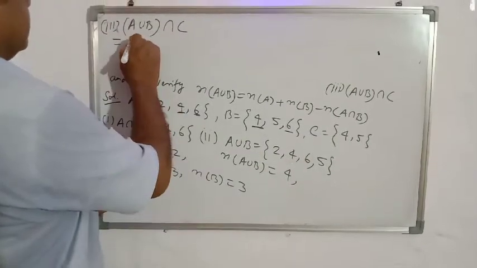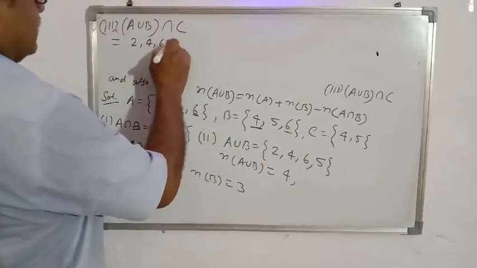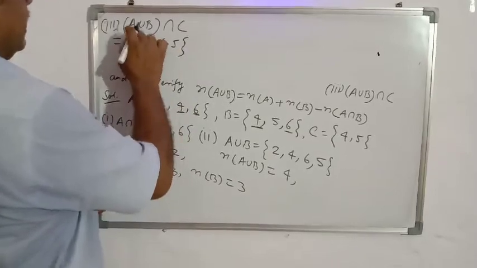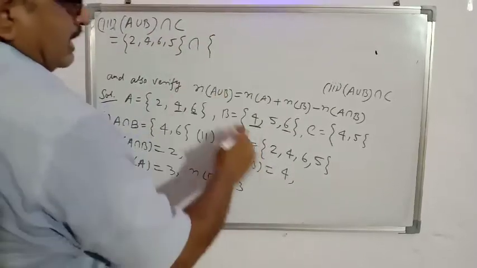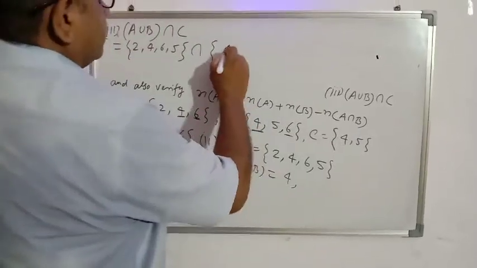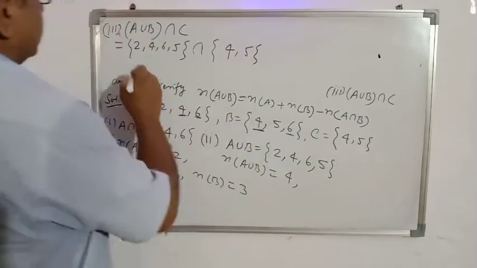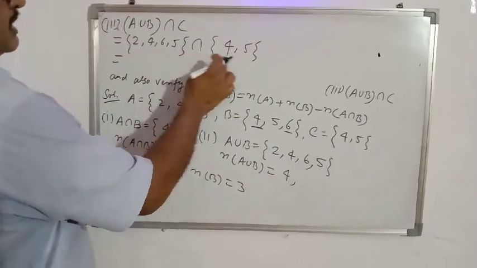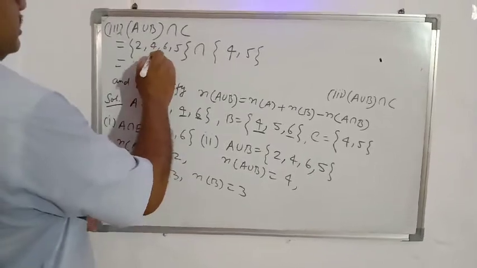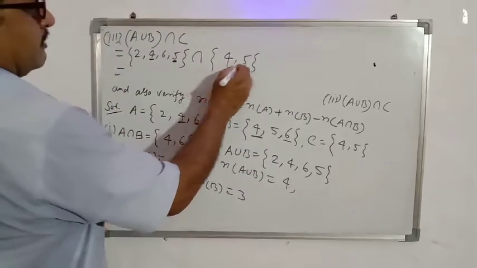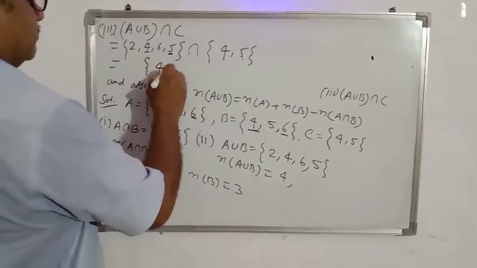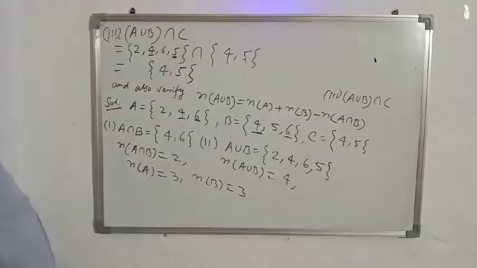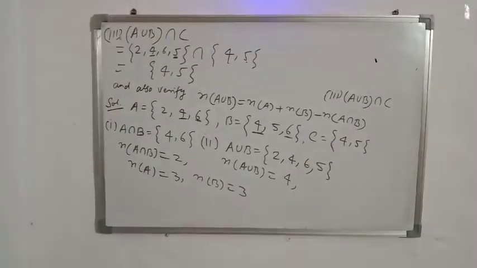So write here 2, 4, 6, 5. It is A union B, intersection set C, which is 4, 5. So what will be the intersection? Intersection means only the common. So common is 4 and 5 here. So it will be 4, 5. This is the third part, 4, 5.